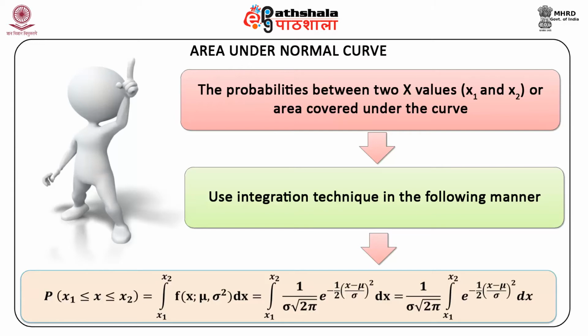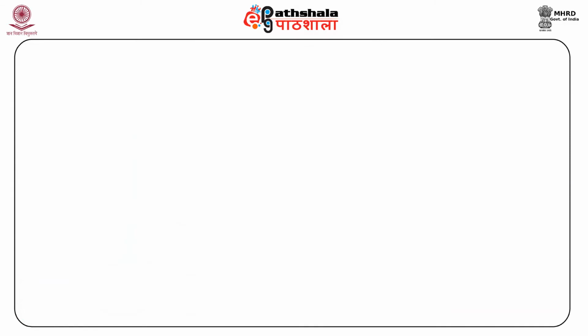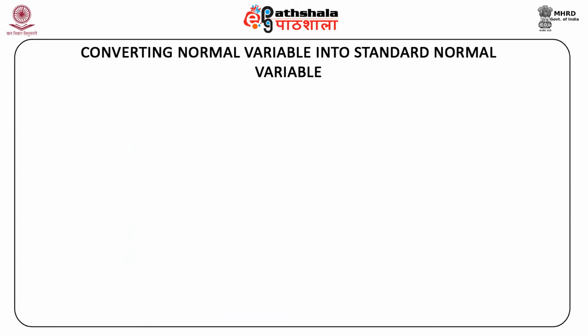To deal with this, we transform each normal random variable with a specified mu and sigma squared into a standard normal random variable called the z variable, which has 0 mean and 1 standard deviation or variance. This standardized variable is used to calculate the probabilities of all normal distributions irrespective of the values of mu and sigma squared. Converting normal variable into standard normal variable.